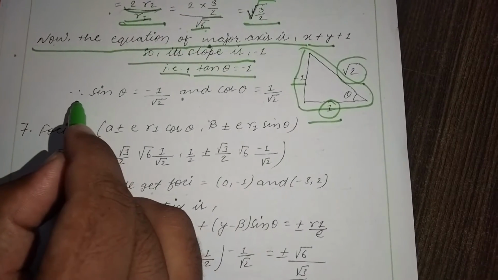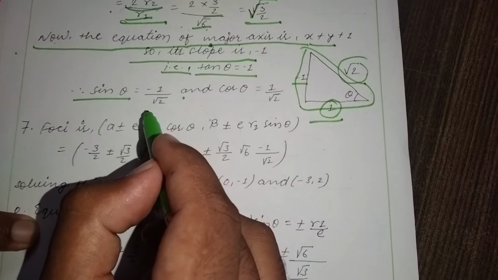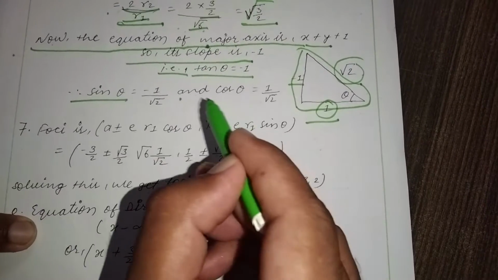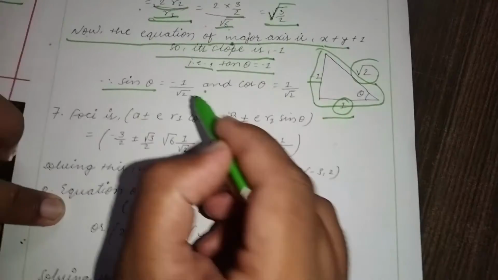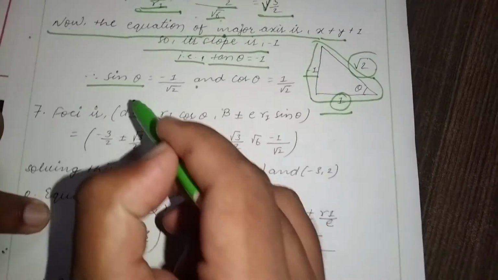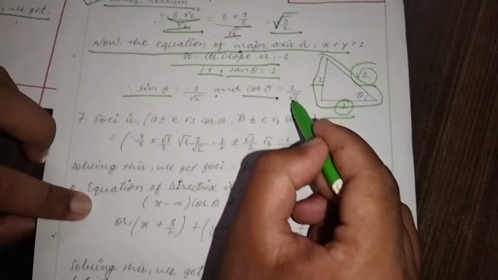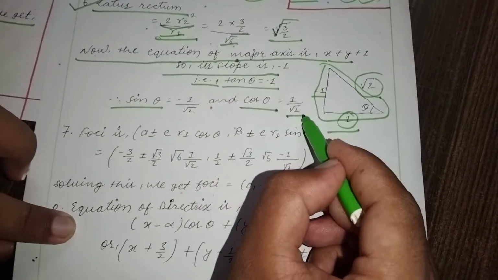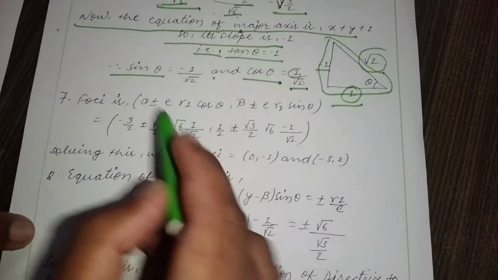Therefore sin theta = −1/√2, perpendicular divided by hypotenuse, and cos theta = base by hypotenuse, base equals 1, hypotenuse equals √2.